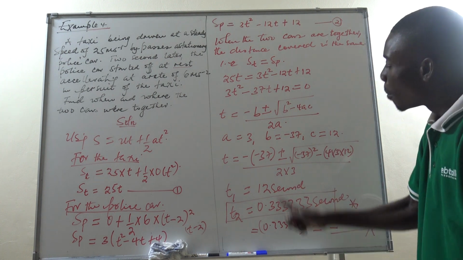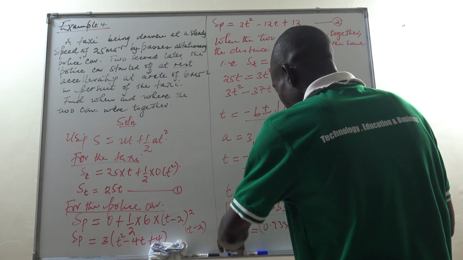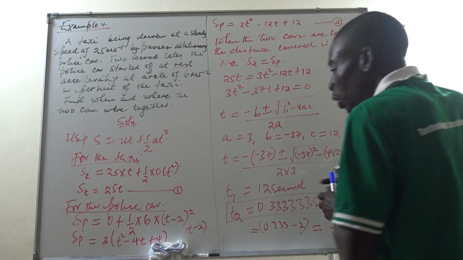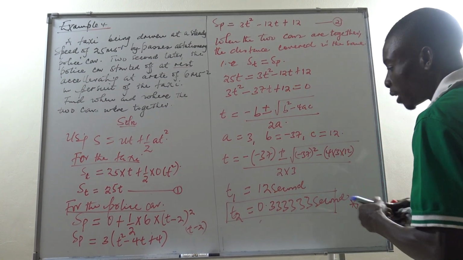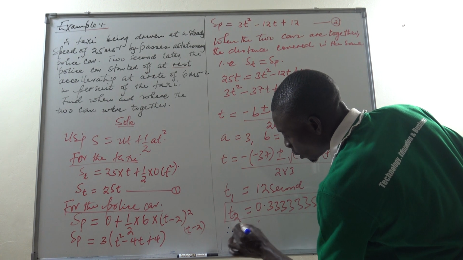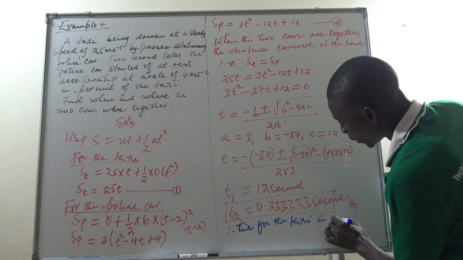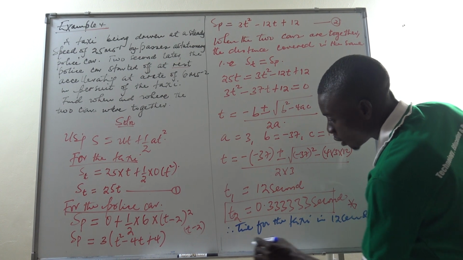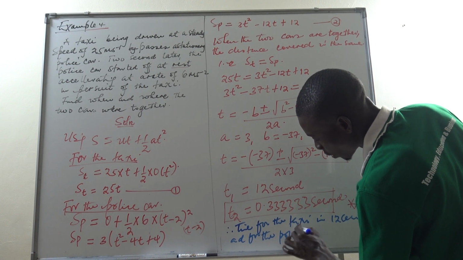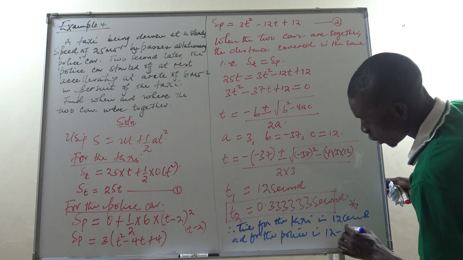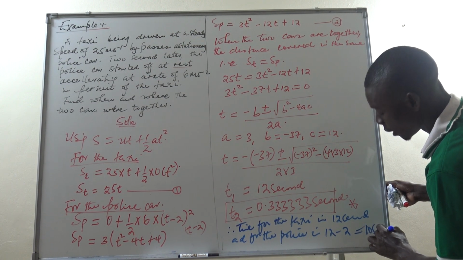The time taken by the taxi is 12. Therefore, the time for the taxi is 12 seconds, and for the police is 12 minus 2, because it's t minus 2, which is equivalent to 10 seconds.